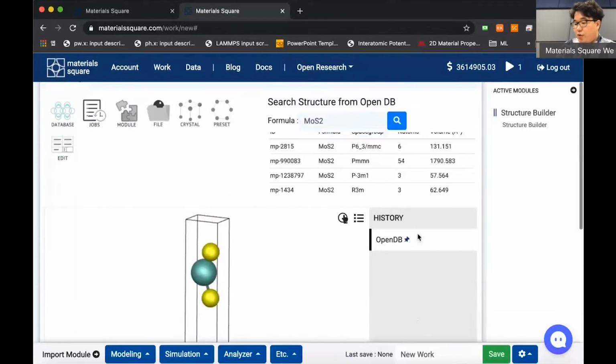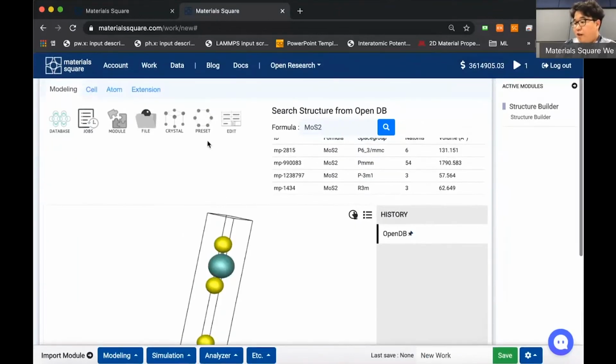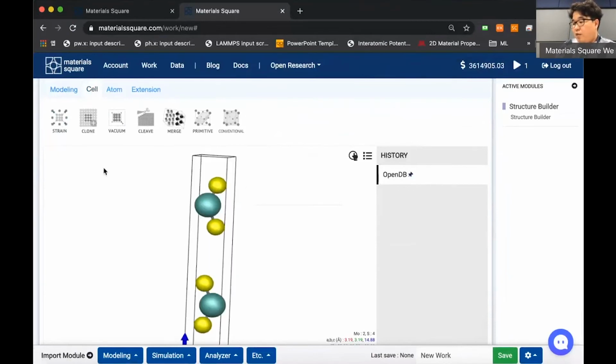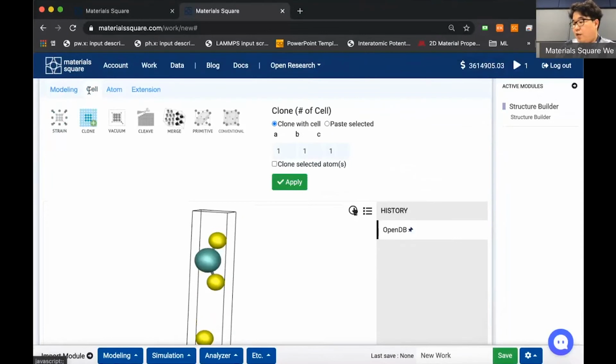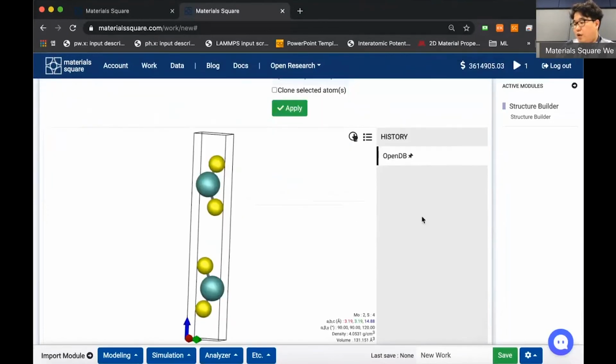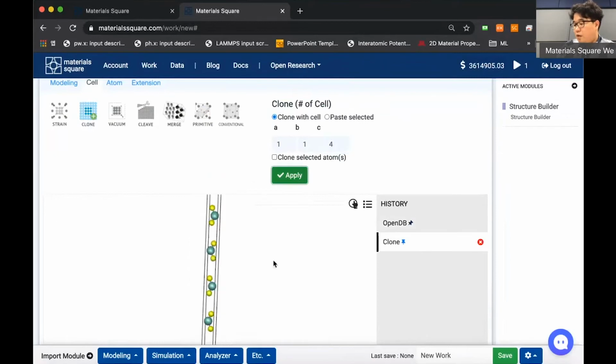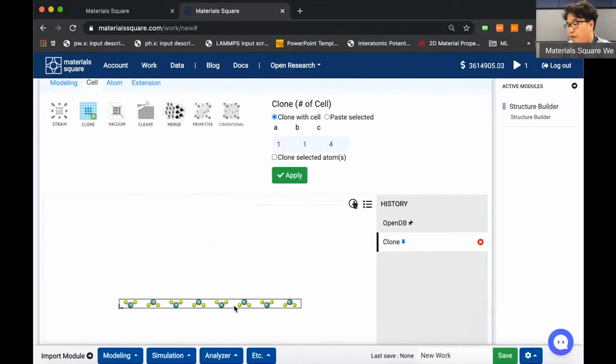If you want to modify some of these, I want to show how to clone this structure. Press clone, cell and clone, and I want more layers for this one. It's going to change to many layers, maybe 8 layers over here: 1, 2, 3, 4, 5, 6, 7, 8.